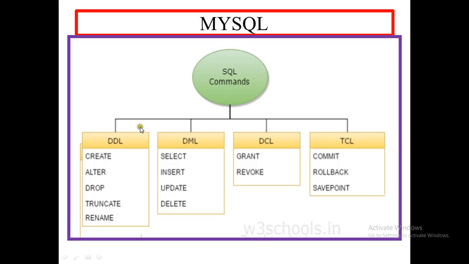Okay, so the data definition language includes creating the database and the table, alter, drop, truncate, and rename. All of these are considered as the data definition language. And the data manipulation language is the operations that we can do on our databases that have been created by using the data definition language.